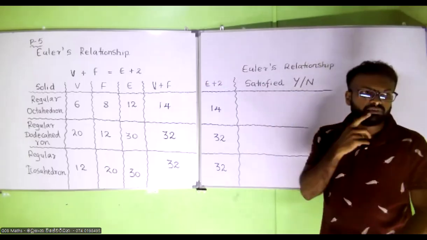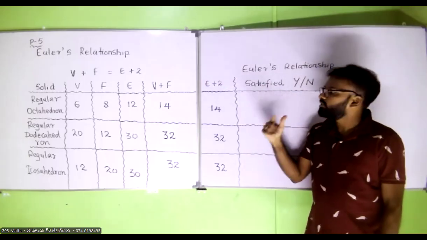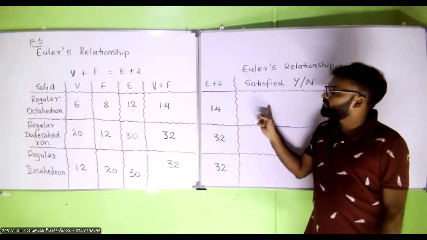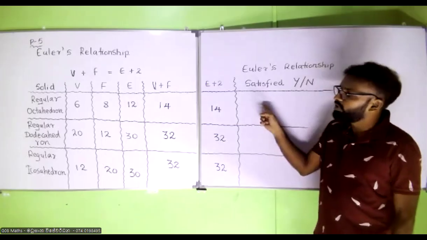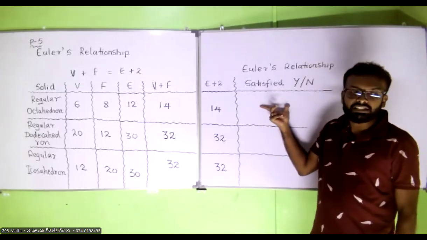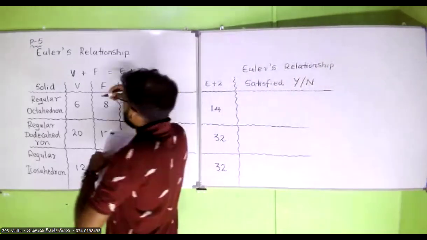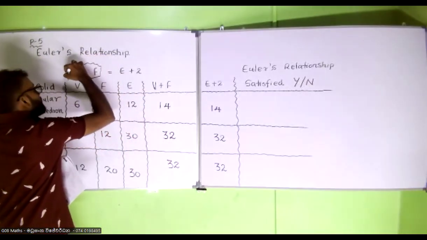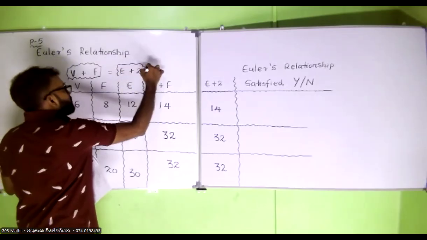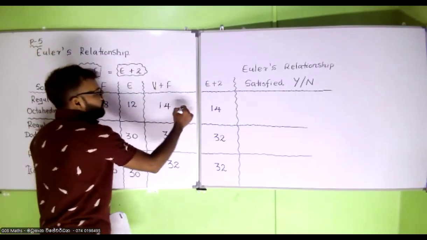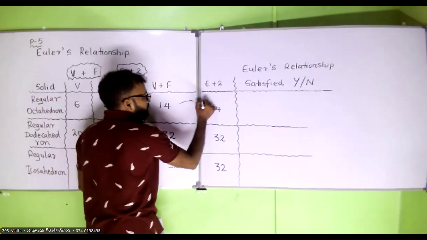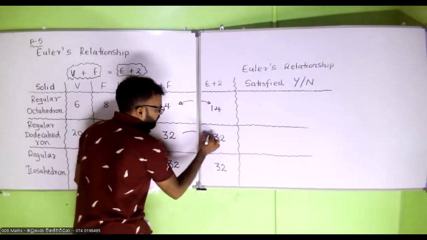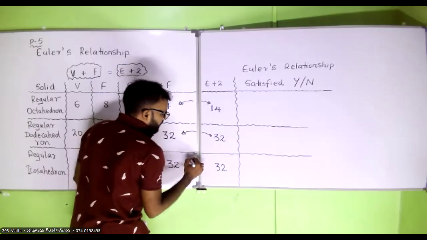You have to write yes or no. For the regular octahedron, is the left hand side equal to the right hand side or not? Look at this one and this one.